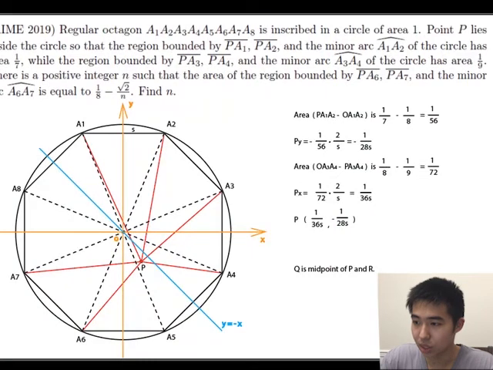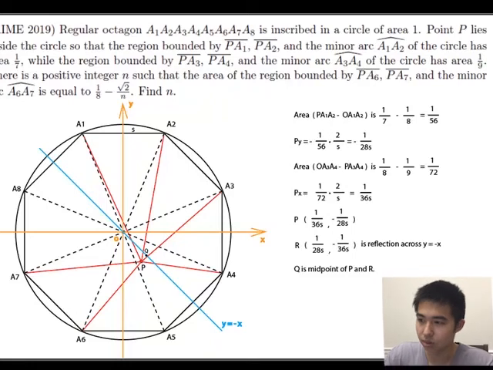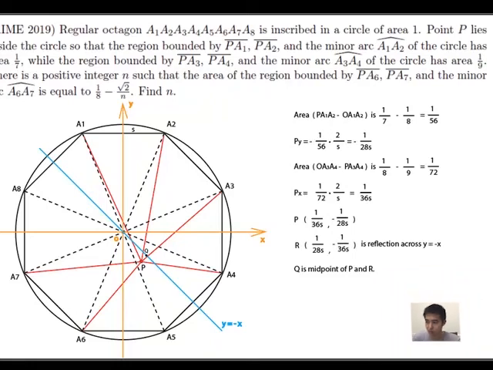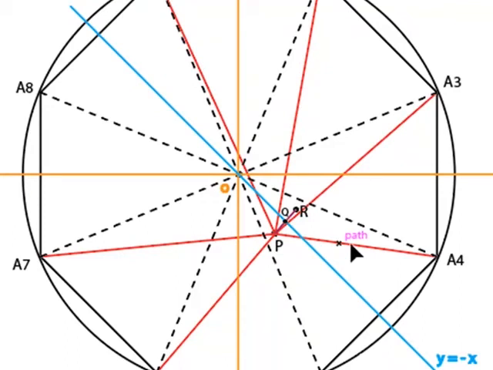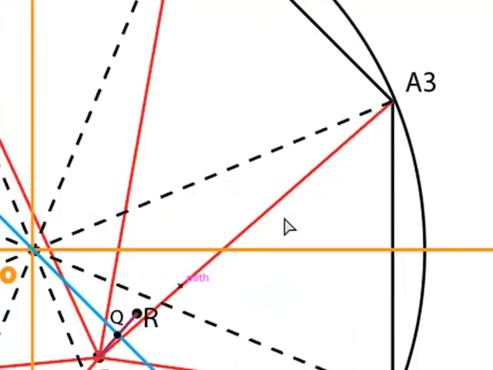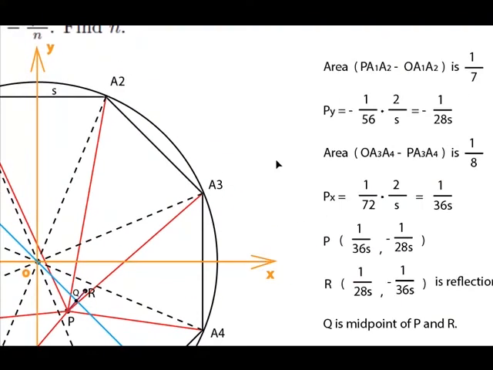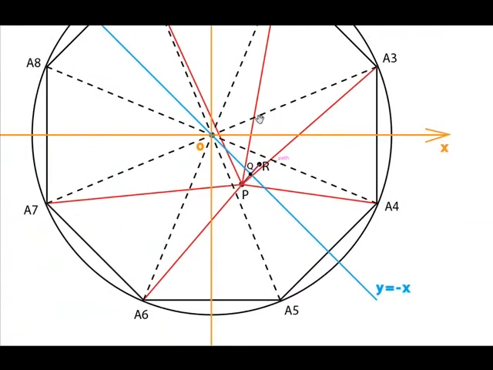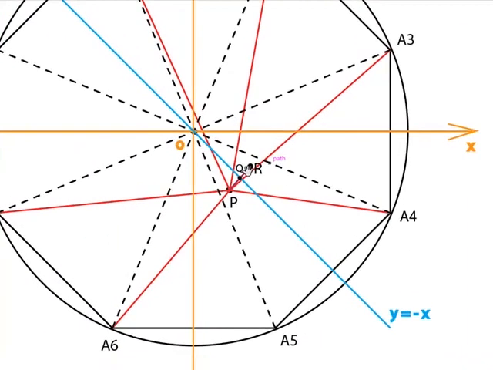So since we have the coordinates of the point P here, we want to find the distance PQ, where Q is the midpoint of the point P reflected over the line y equals negative x. So if we look closer at this diagram here, R is P reflected across y equals negative x, and Q is the midpoint.